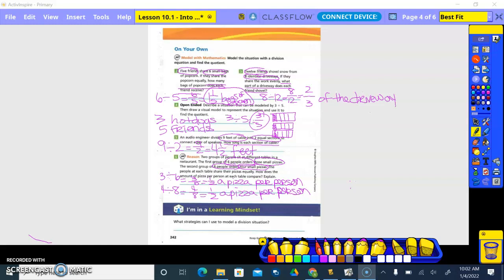And then for the second group, we took 4 divided by 8, which got us 4/8, which then got us 1/2 a pizza per person. So we found out that even though there was a different amount of pizzas and a different amount of people, each group would still get the same amount, right? Okay.